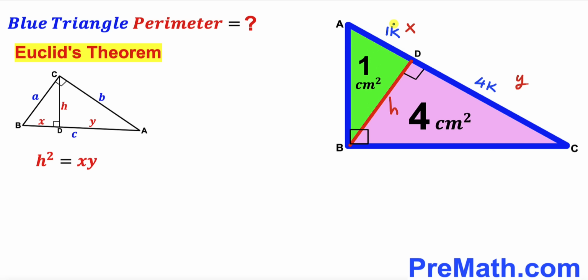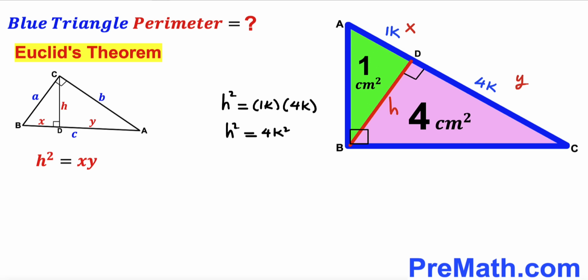In our case, our x value is 1 times k and our y value is 4 times k, and this is our height lowercase h. Therefore, we can write h square equals 1 times k times 4 times k. Let's simplify. h square equals 4 times k square.